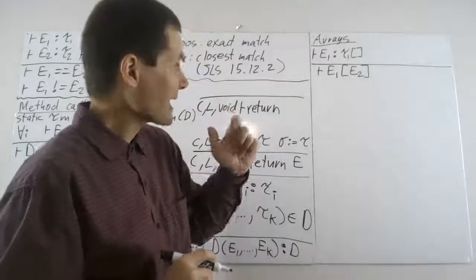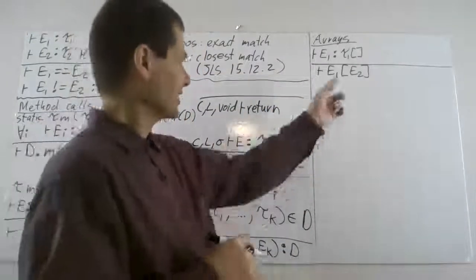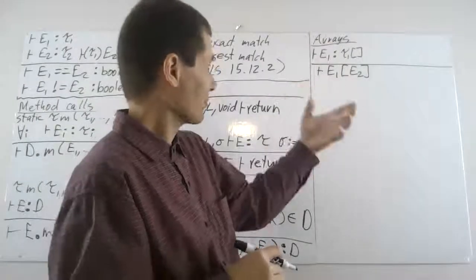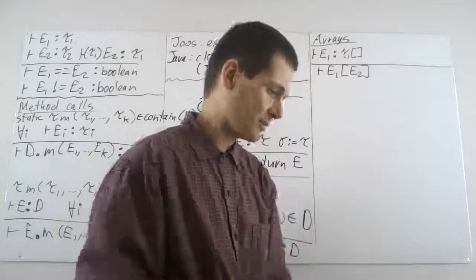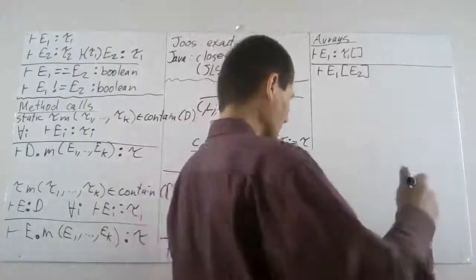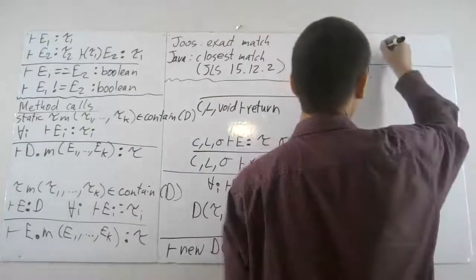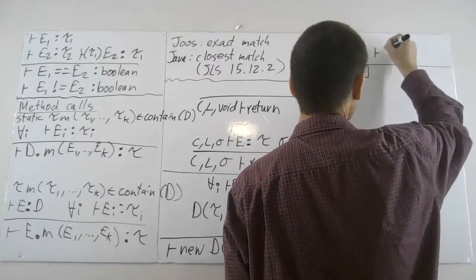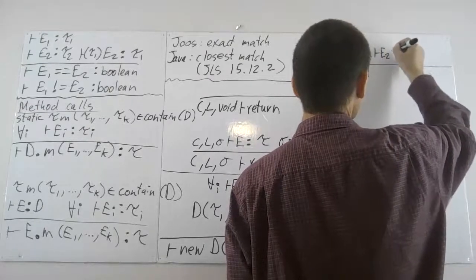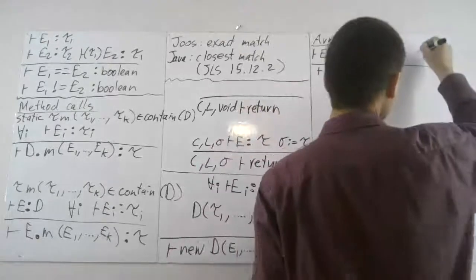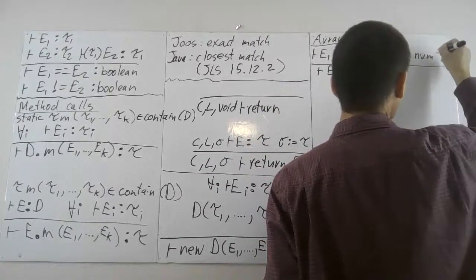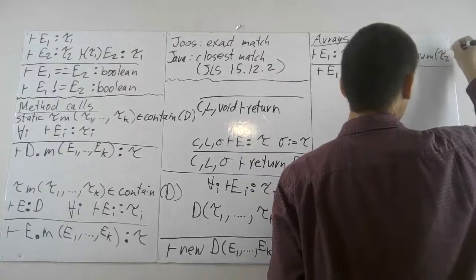If you get int or string for E1, then this rule is not going to apply, and the array read is not going to type check. And then we're going to type check E2, and we're going to get tau2.